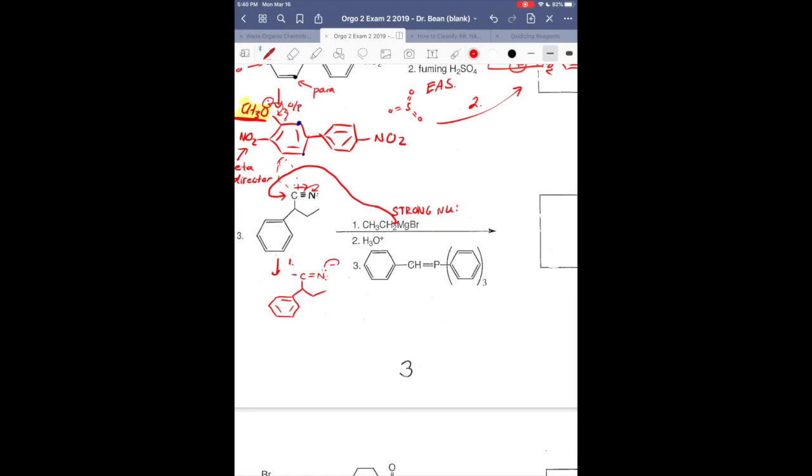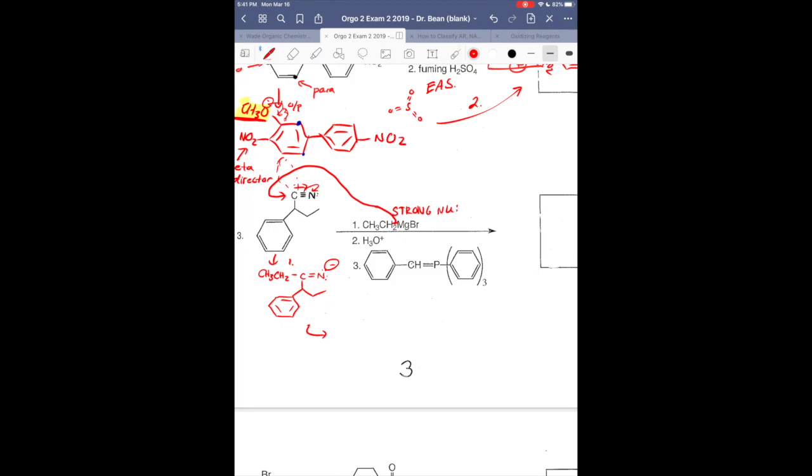So what is the charge of the nitrogen? Negative, right? And then now you have the attachment of that carbon. So this is a way to form carbon-carbon bonds. So now you have a CH2, CH3 attached at that carbon of the nitrile, and you now formed a minus charge on that nitrogen.